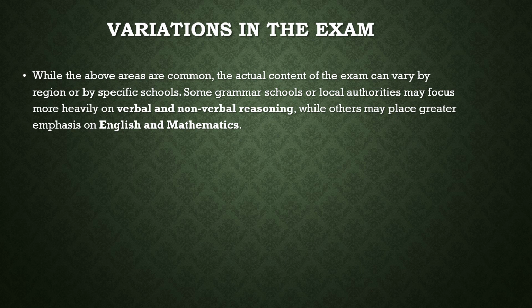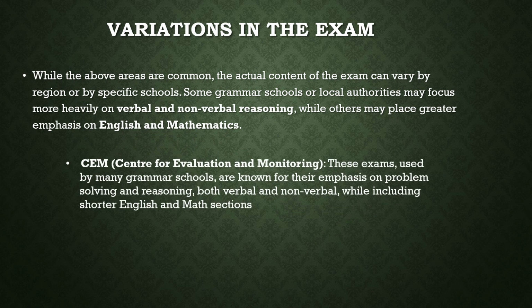Some of the grammar schools or local authorities may focus more heavily on verbal and non-verbal reasoning, while some other schools may place greater emphasis on English and mathematics, like in the case of Sutton, the Bexley schools or Henrietta Barnett School. So let's have a look at what the two different types of exams are which are conducted.